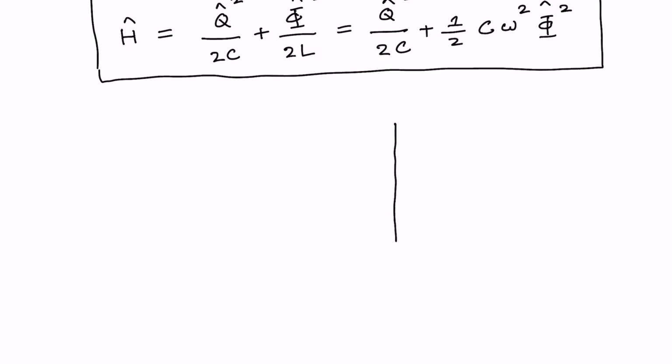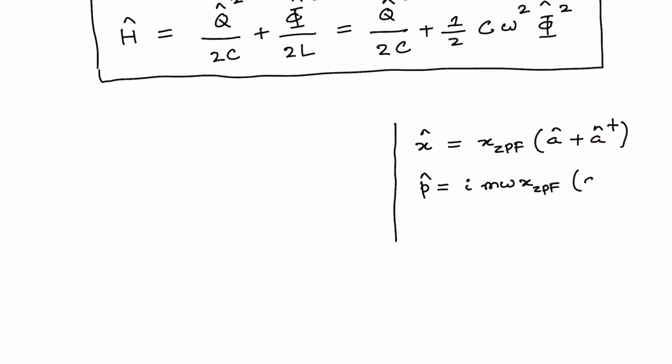Again, you recall, in the case of the linear harmonic oscillator, we write the position operator in terms of annihilation and creation operators as X_ZPF, where X_ZPF is the zero-point fluctuation of position, times A plus A dagger, and the momentum operator we write as i m omega X_ZPF times A dagger minus A, or this I can also write as i P_ZPF, the zero-point fluctuation in the momentum.